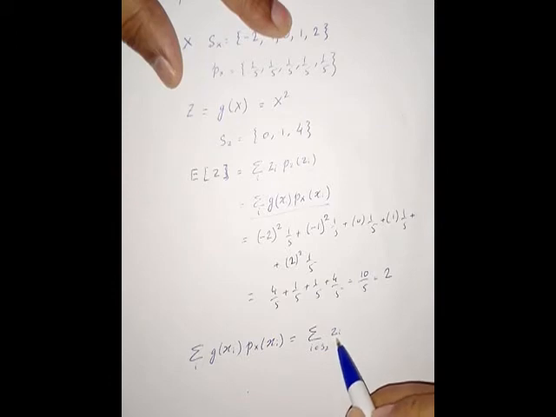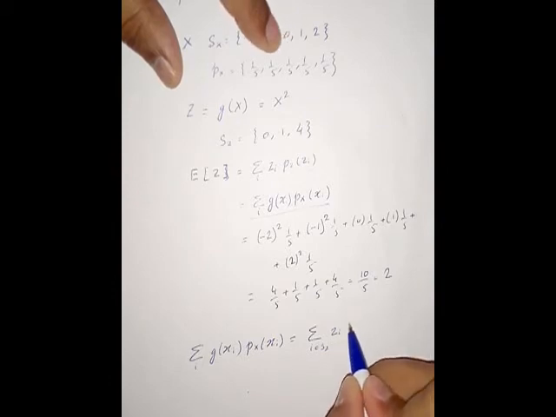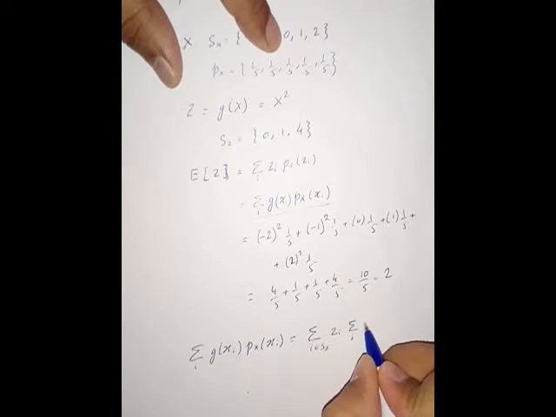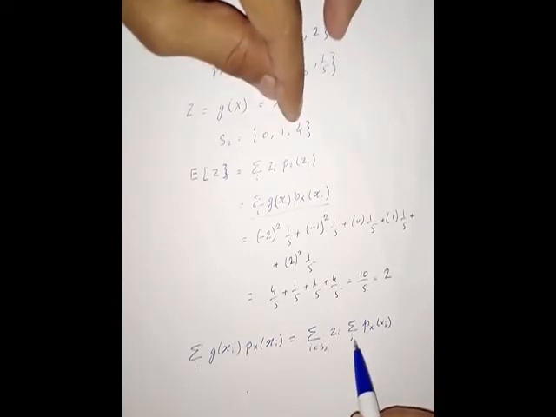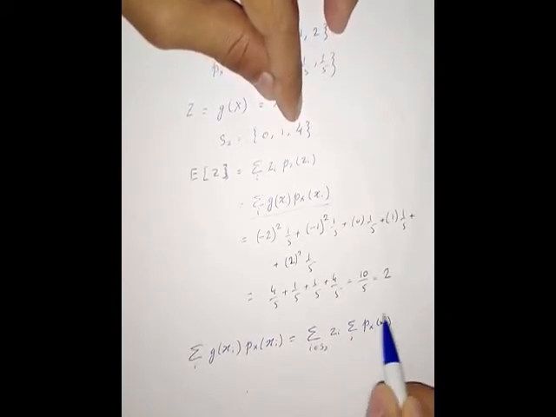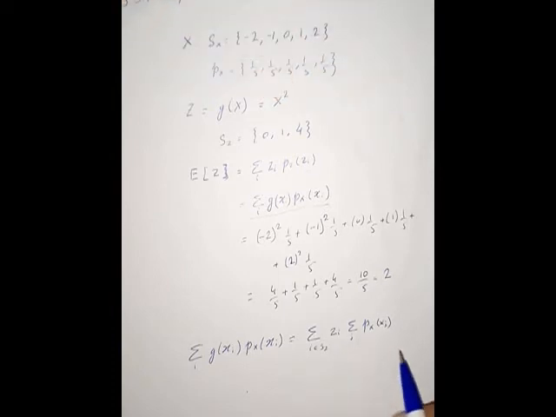Now for each possible value of z there can be multiple values of x, different values of x that can produce the same z. All those values are summed up over here, and then multiplied by z, which is the g of x basically.